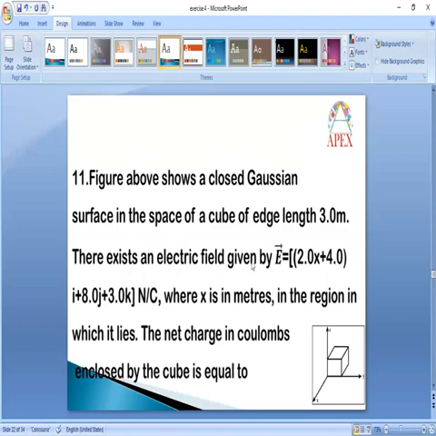There exists an electric field E equal to 2x plus 4 into i cap, plus 8j cap, plus 3k cap, where x is in meters, in the region in which it lies. The net charge in coulombs enclosed by the cube is equal to.